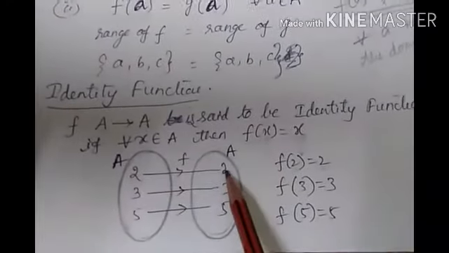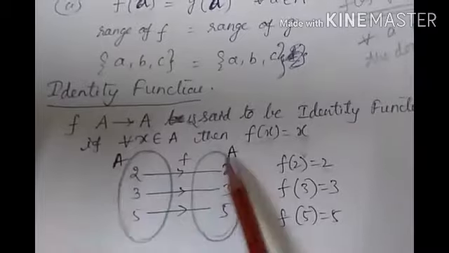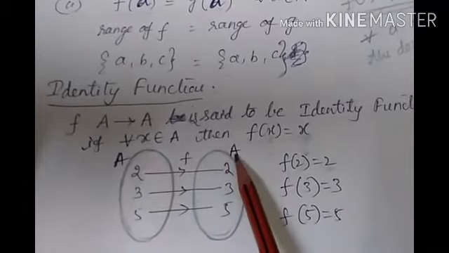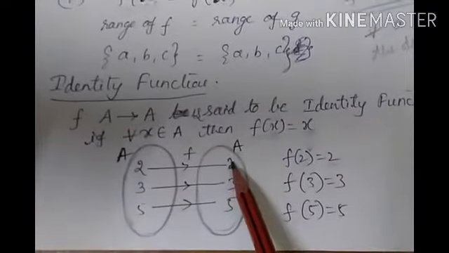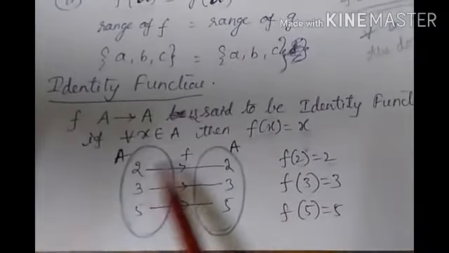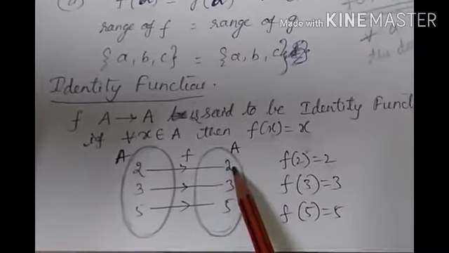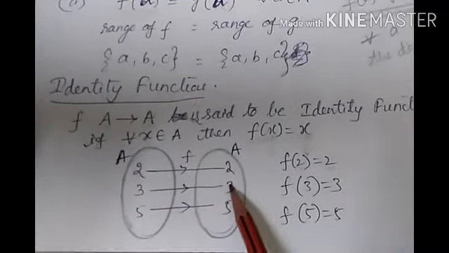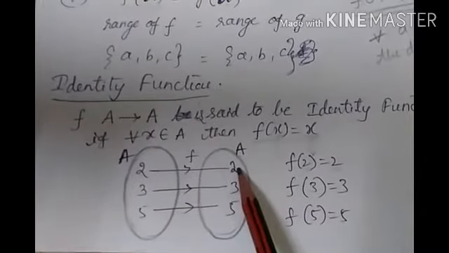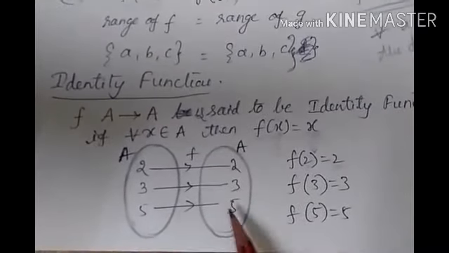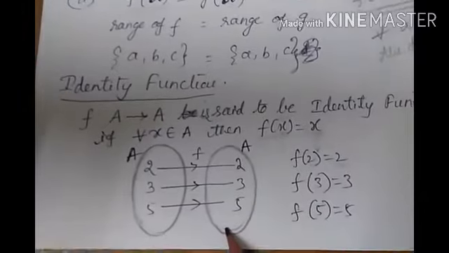Let us observe this diagram. f is a function from A to A. That means domain and codomain are both the same. 2 is mapped to 2, that means the f image of 2 is 2. The image of 3 is 3. The image of 5 is the same. That means input and output values are both the same. And this is about identity function.